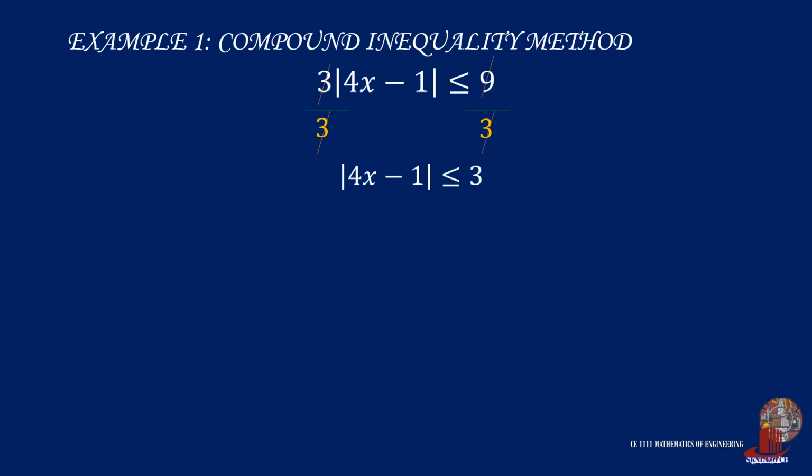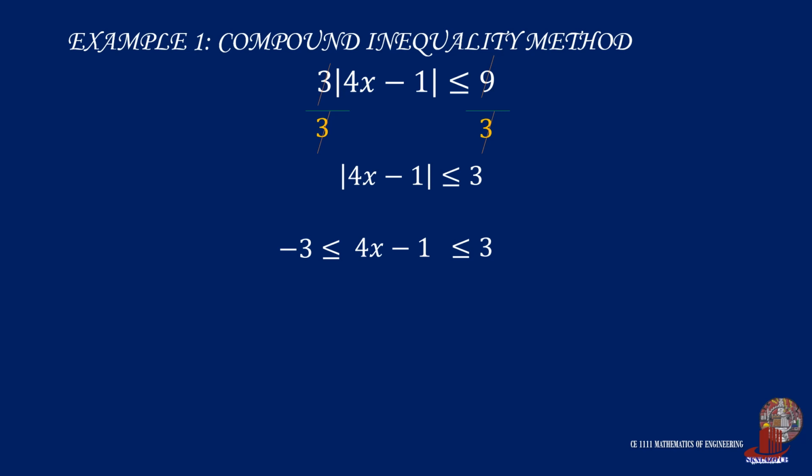So we get the absolute value of 4x minus 1 is less than or equal to 3. From this point, we can take the expression and place the two constants of positive and negative 3 placed on both ends of the binomial 4x minus 1. But this time, we don't need to flip inequality symbols.